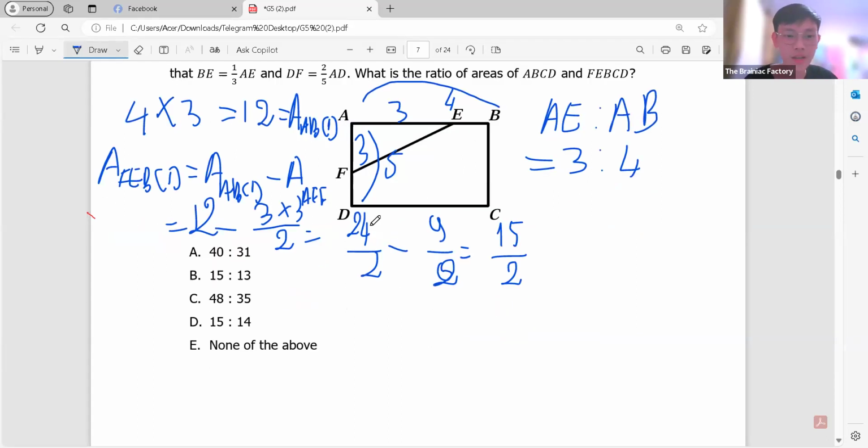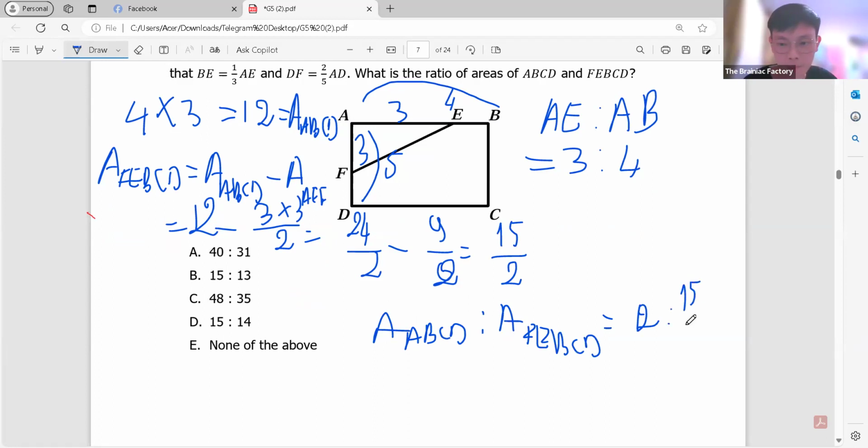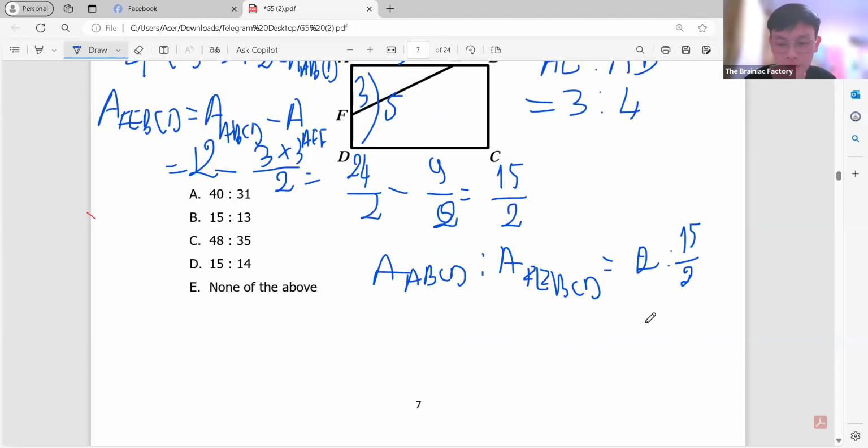So we already have the area, so the ratio of ABCD and FEBCD is equal to, we have 12 and 15, which is 24 and 15.